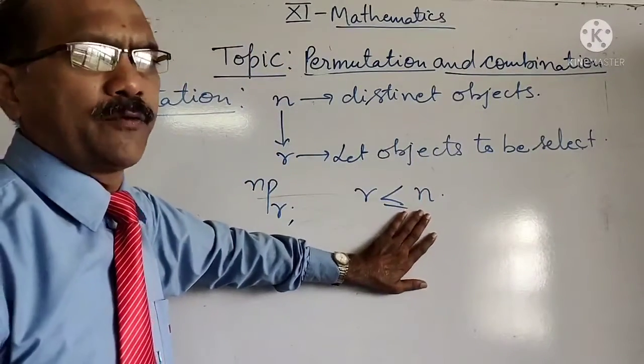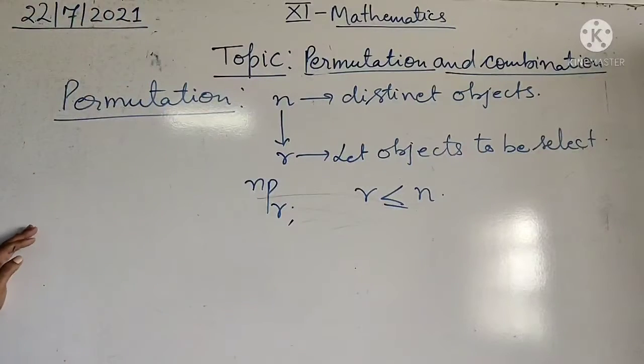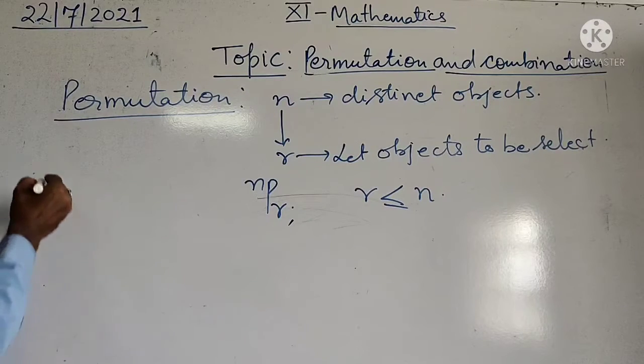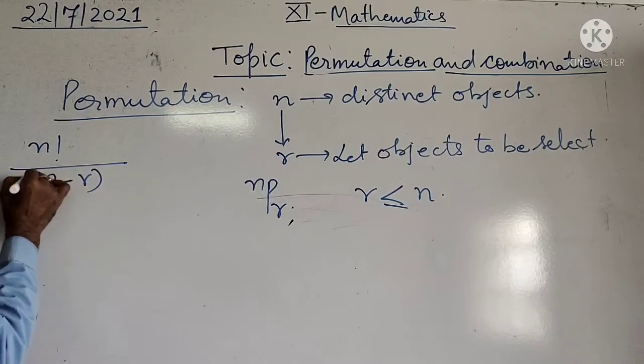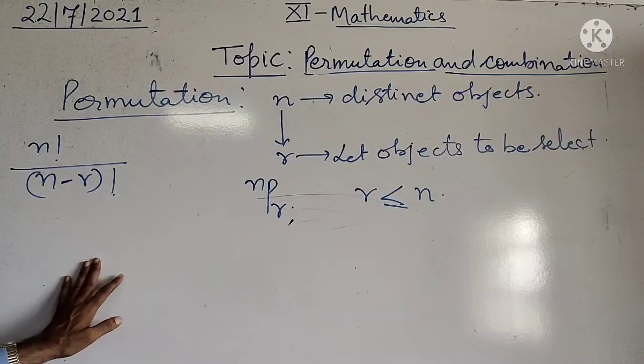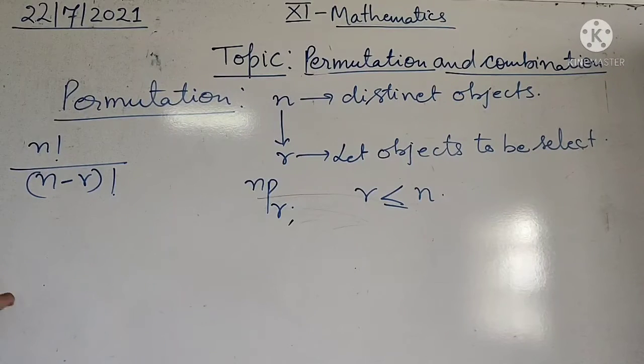Now there is a formula for nPr. nPr equal to n factorial divided by n minus r factorial. So nPr is n factorial upon n minus r factorial.